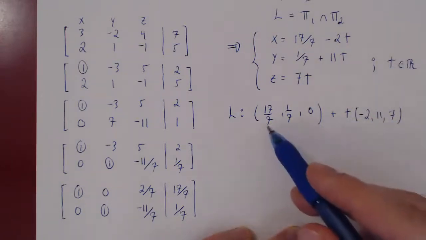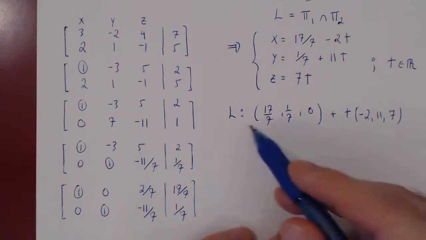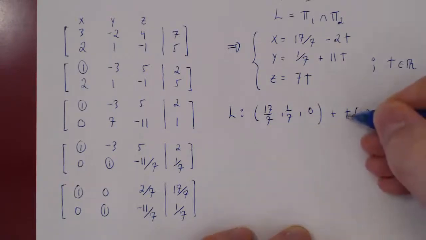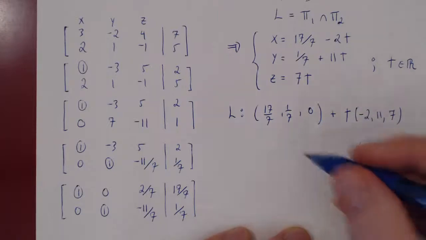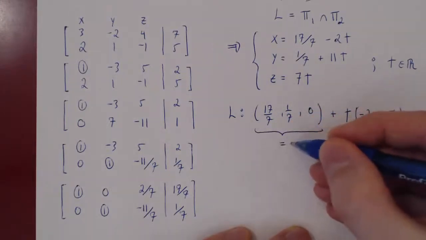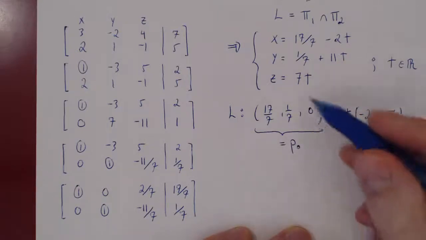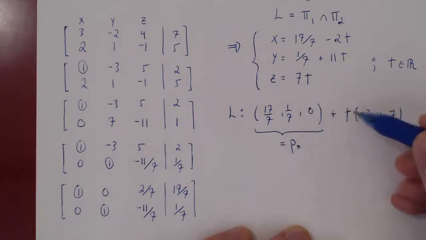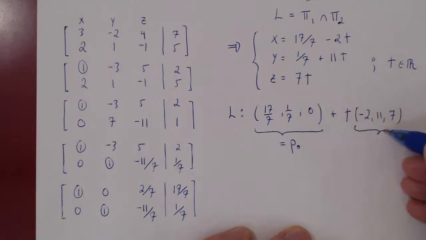And you see, by writing the points of intersection this way, it's clear that we have a line, because we take a given point in space, say p naught, and we add to this point any multiple of this vector.